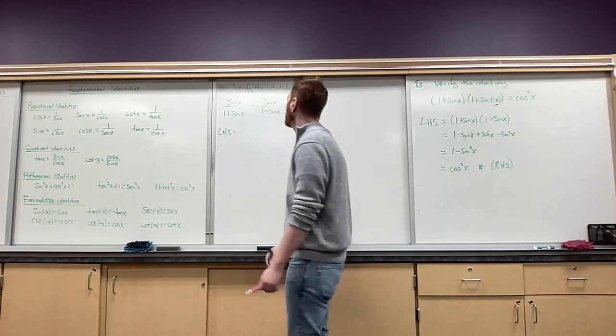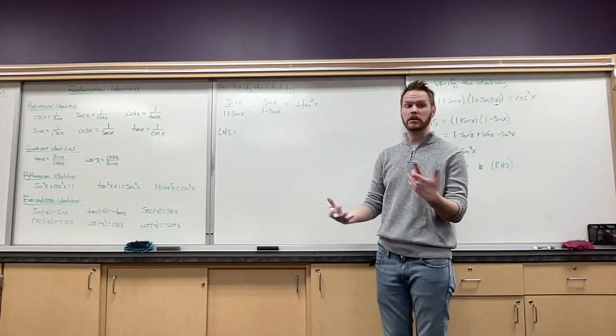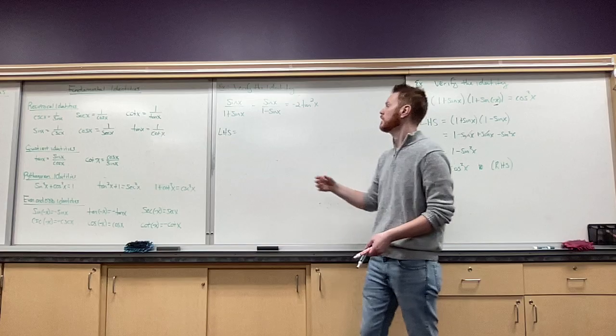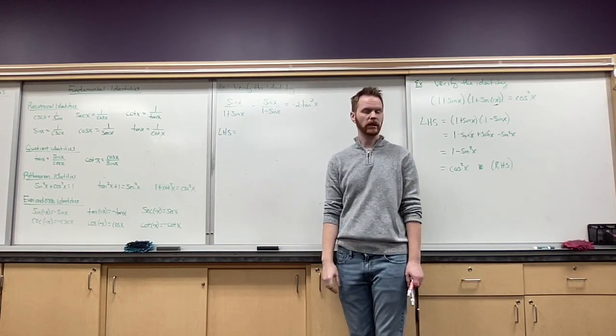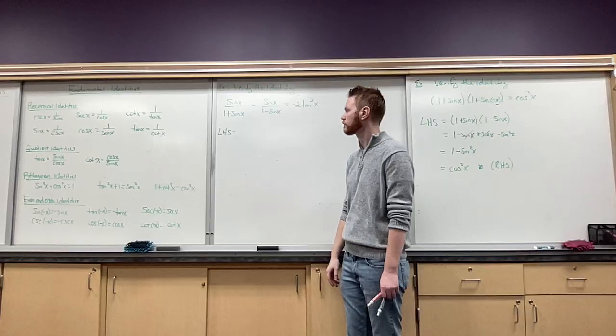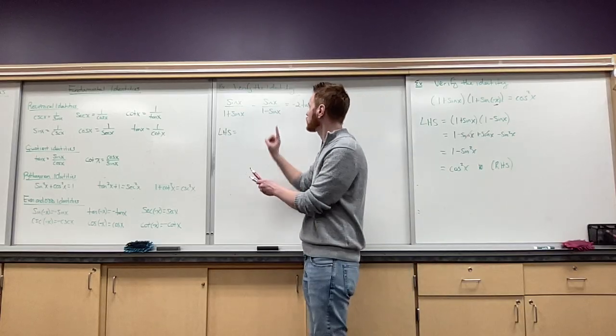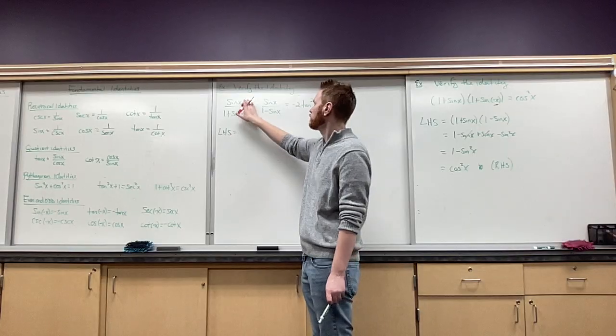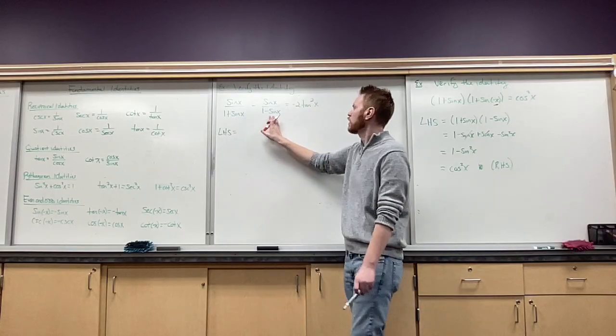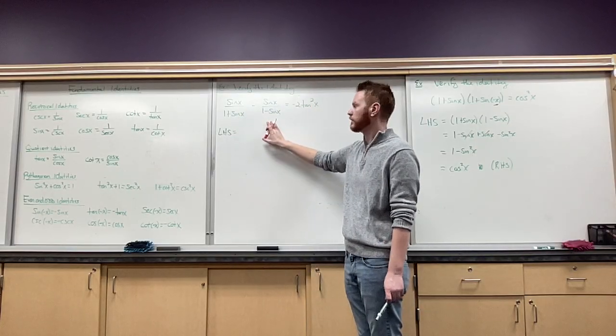Okay. Now, to make it one fraction, I need a common denominator. So my common denominator is gonna be 1 plus sine of x and 1 minus sine of x. Okay, that's gonna be my common denominator for that guy. So for the top part, I'm gonna have to multiply this by what, 1 minus sine of x, top and bottom. And then over here, I'm gonna have to multiply top and bottom by 1 plus sine of x.